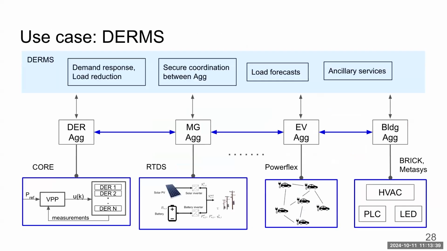So here's one example of the real world where things are very complicated. A utility company really wants to use all the resources that are on its grid. So all the electric cars, all the batteries, all the air conditioning systems and so on. Which means now you have what are called aggregators. You may have an EV aggregator, a company like PowerFlex. They have 1,000 charging stations.